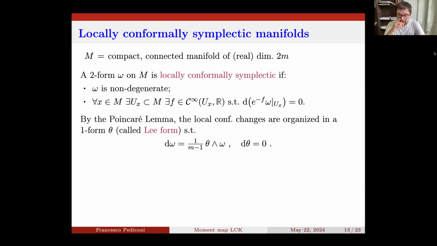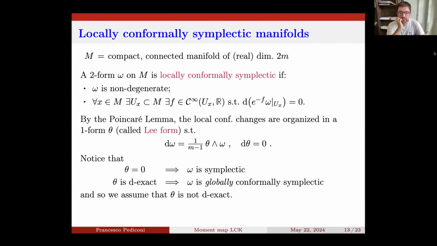Instead of asking d omega equal to 0, we ask that the differential of omega is equal to theta wedge omega, up to a certain constant, here 1 over m minus 1, where m is half of the real dimension of the manifold, and that theta is closed. So this is the definition of a locally conformally symplectic structure, and this is the framework that we are going to use to construct our moment map.